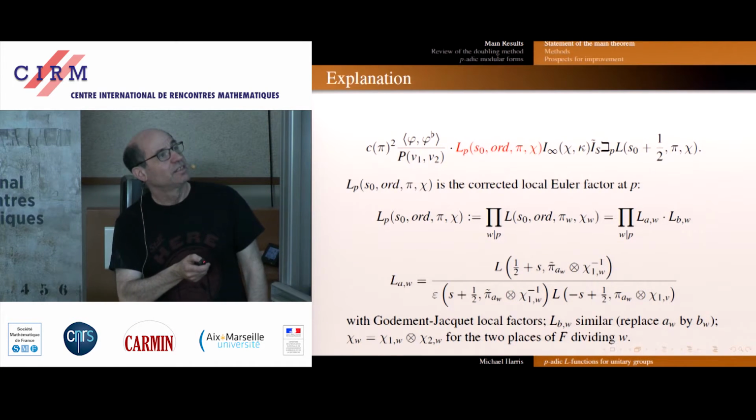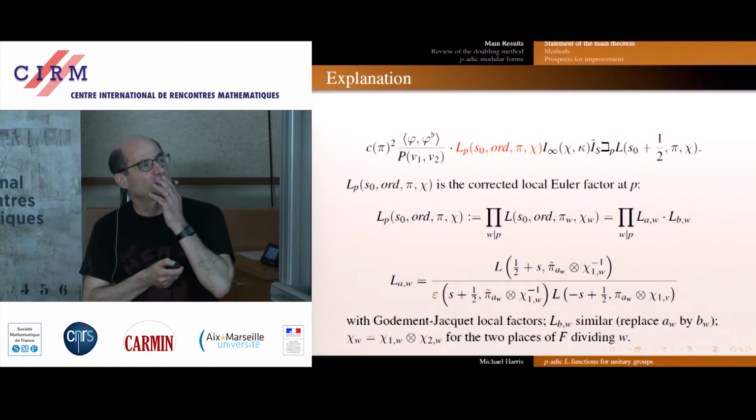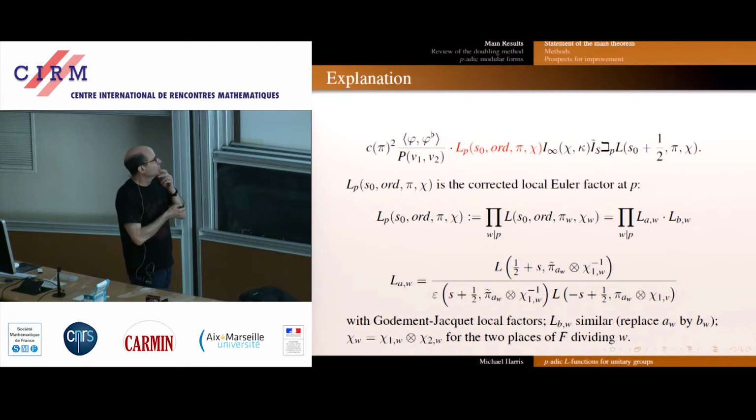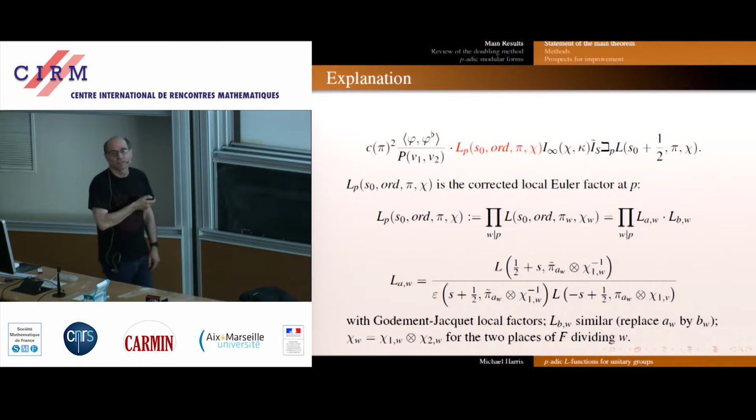This is the part that takes the longest. So remember, this is pi_A^W, this is the contragradient of pi_A^W. Pi_A^W is a representation of GL_n. So it has an L function given by the Godement-Jacquet, or the standard L function for GL_n.